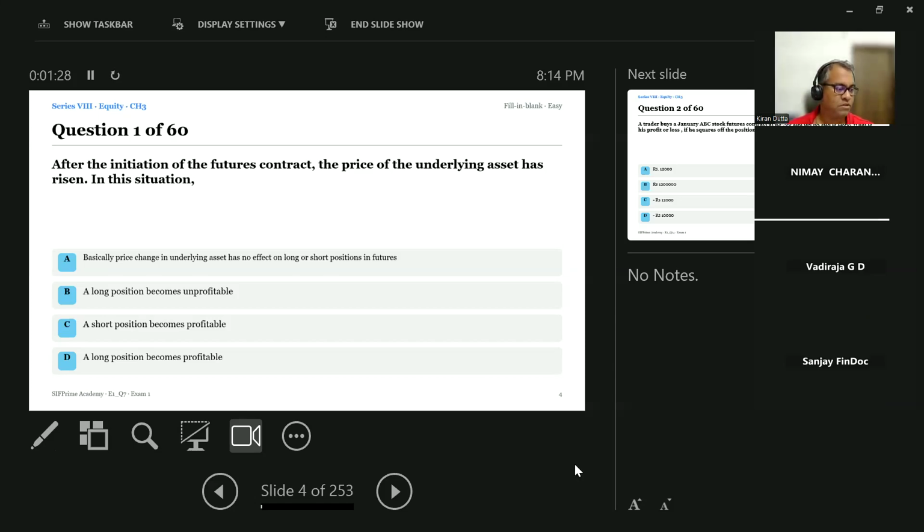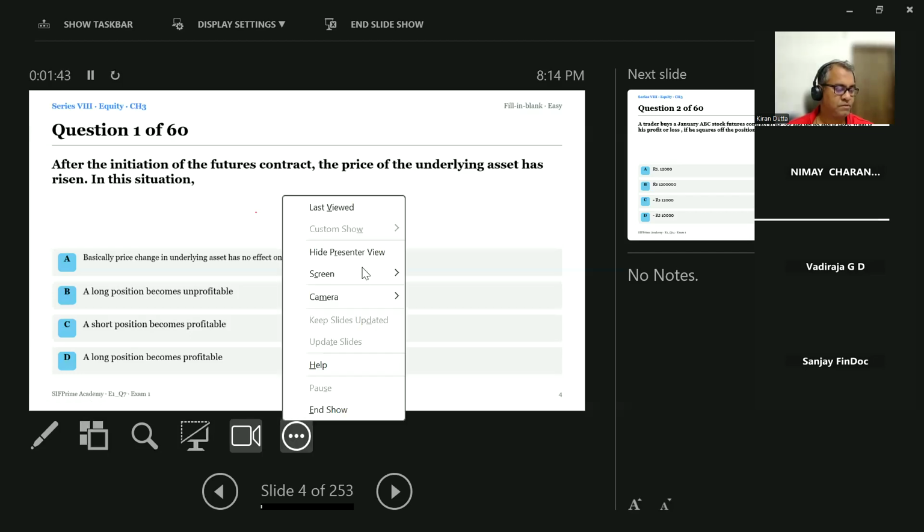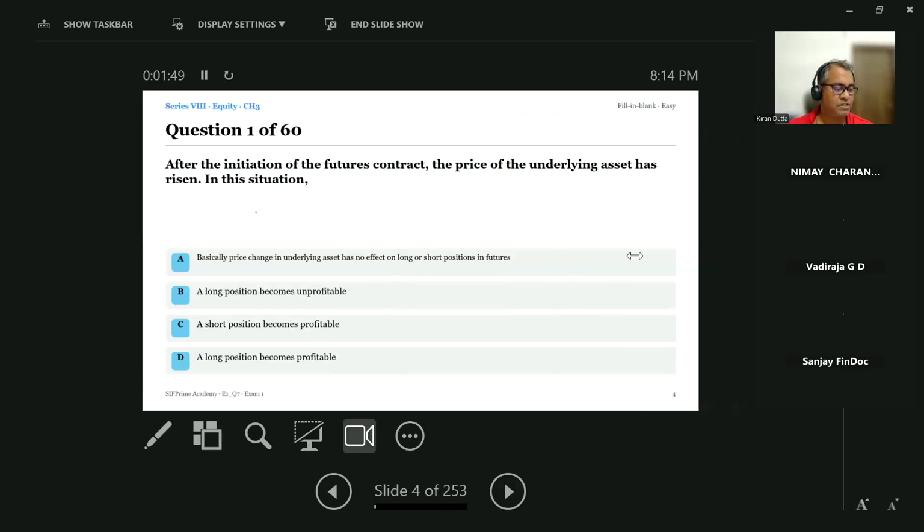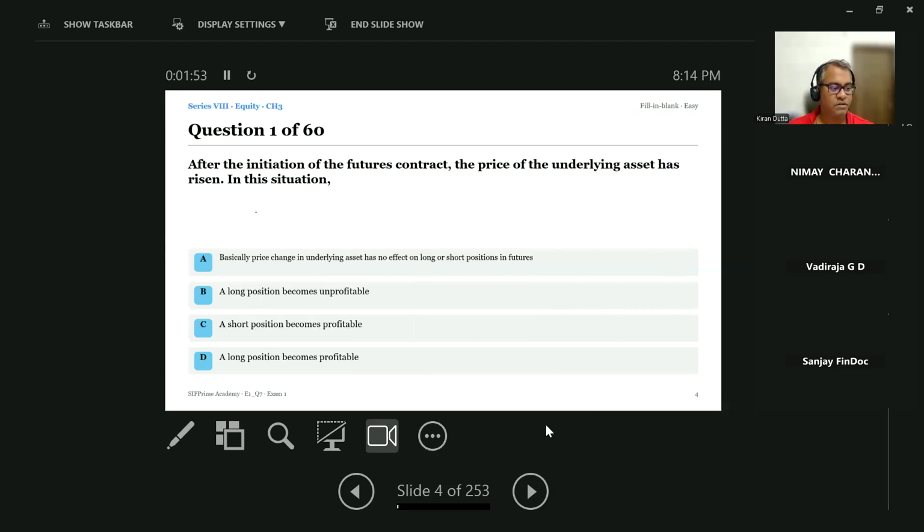So that is the reason the screen which you are displaying is showing. If there is a possibility, maybe you can stop the next slide from being displayed. Okay, is this good? Yeah, perfect. This is better, sir. This is perfect.